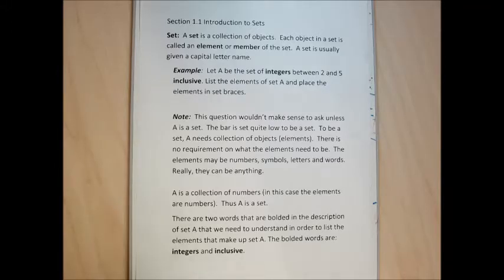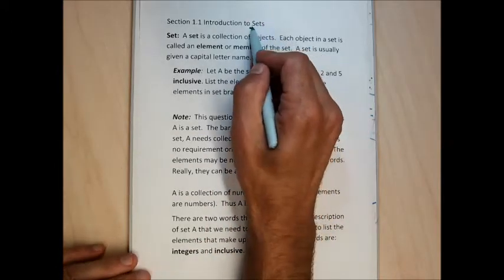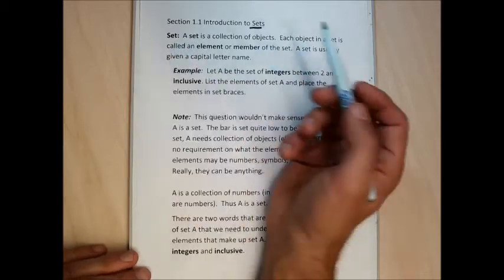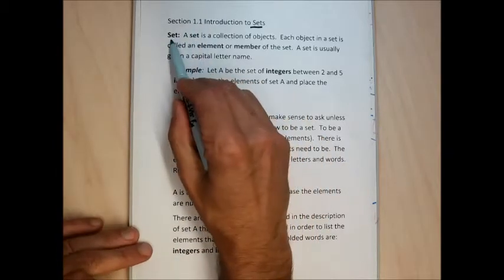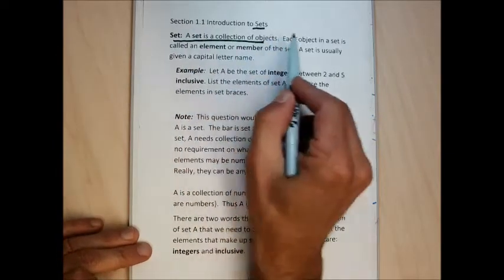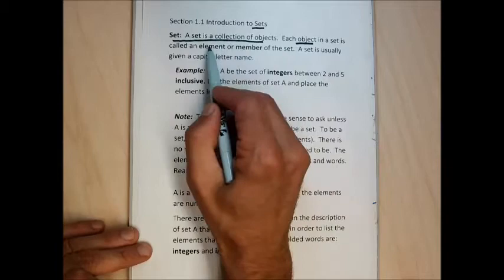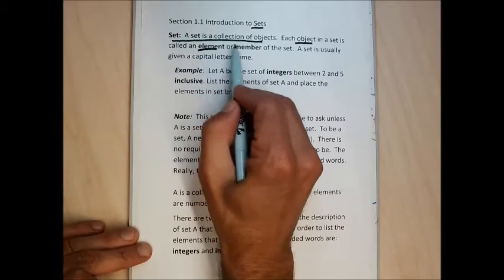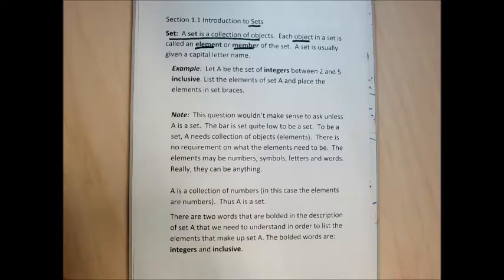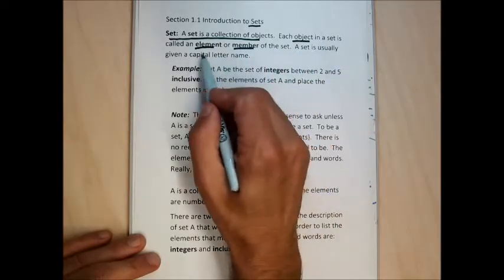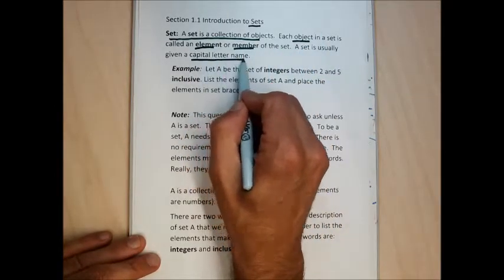The whole chapter's on sets, and I'm just going to read through as much as I can tolerate of what I've written. A set is just a collection of objects. Each object in a set, I'll use the word element or member to name. Usually we give sets names, and a set is usually given a capital letter name.